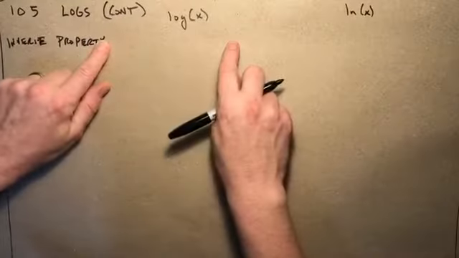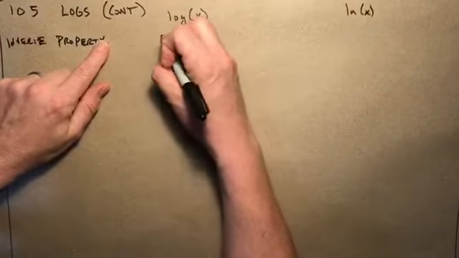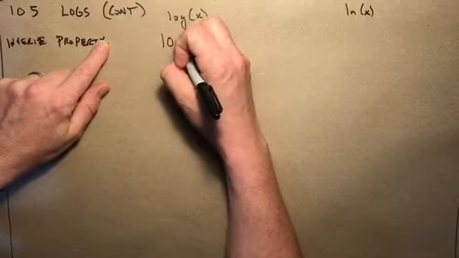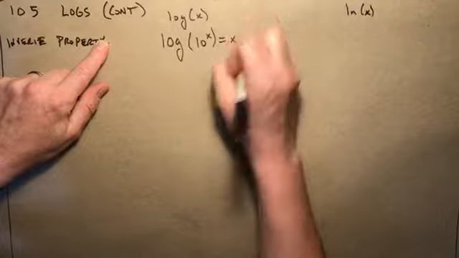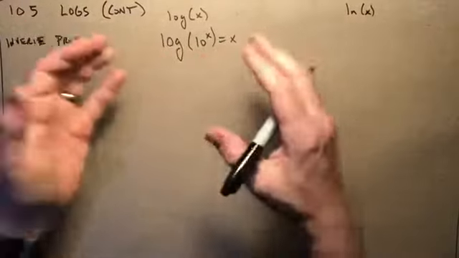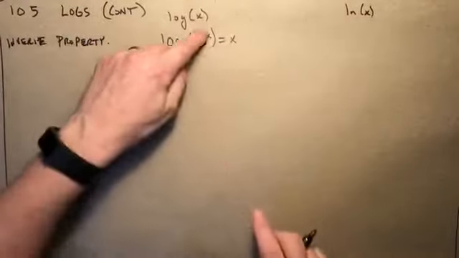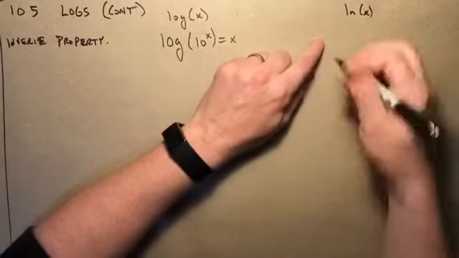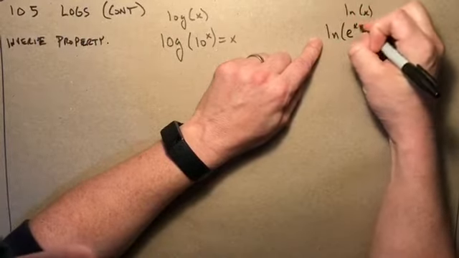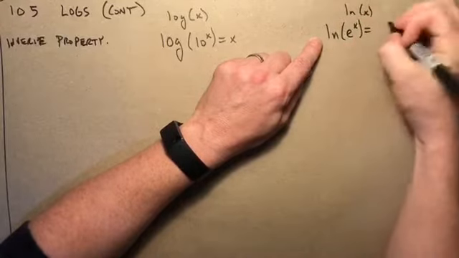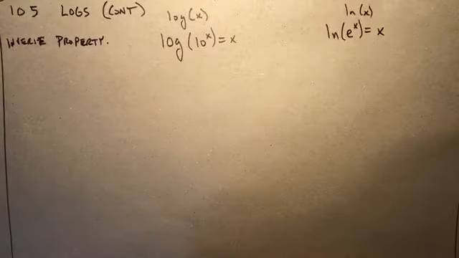So the inverse property: if I do something like log of 10 to the x, it equals x. These two are inverse functions, we compose inverse functions, murder occurs, and we're left with our variable. Similarly, I can have the natural log of e to the x, and once again, we only get x back.